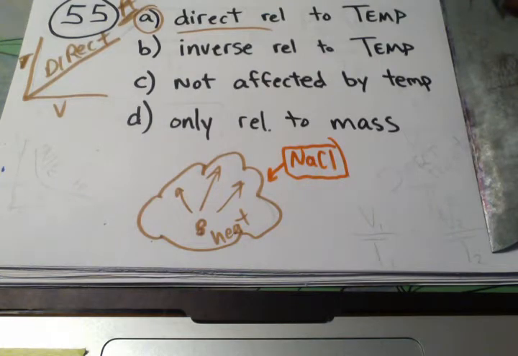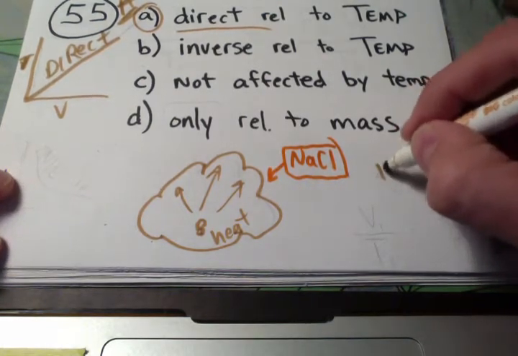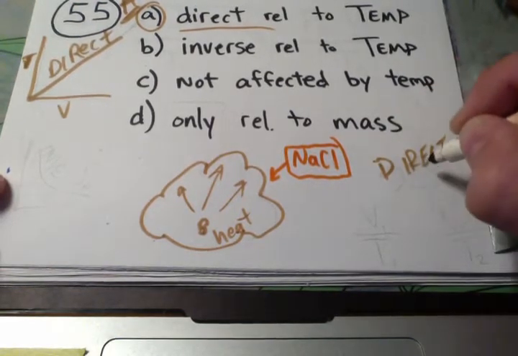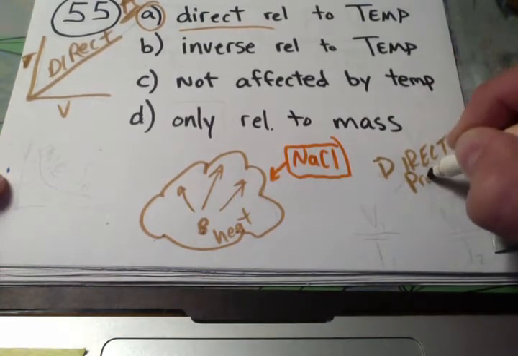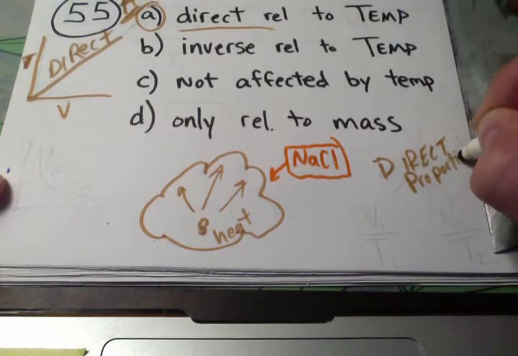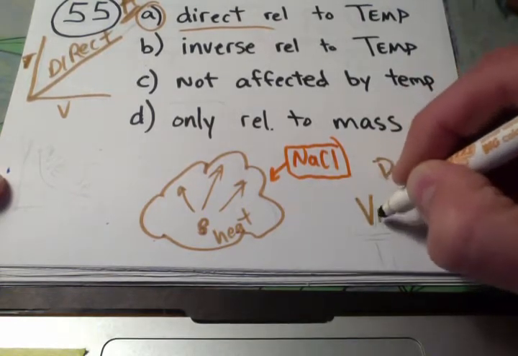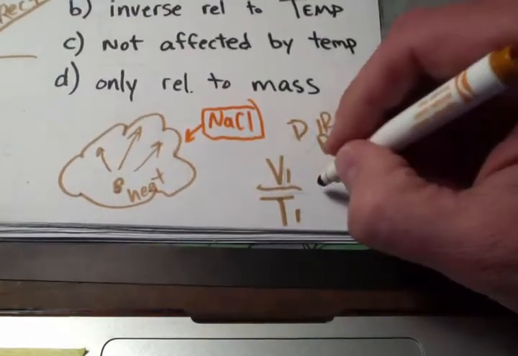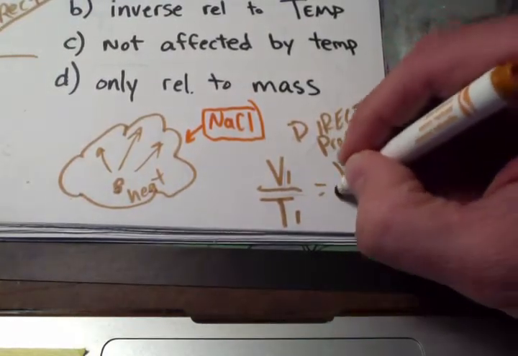Another way is to look at something that is a direct proportion. That's how I think of it. We say that the relationship of volume and temperature is in fact a direct proportion.